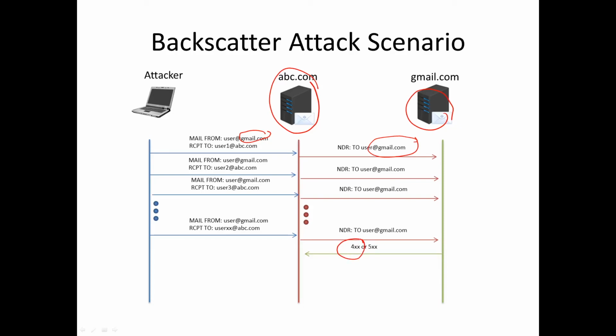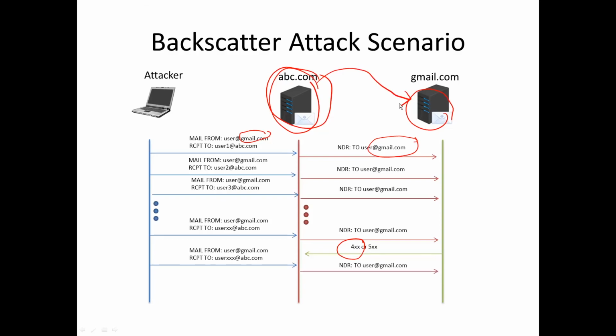In this case, the attacker has successfully denied some part of the service of abc.com, and that is sending an email or message from abc.com to gmail.com. Okay? But of course, the attacker won't stop there. It will be sending another email from a different domain until abc.com has been blocked by multiple domains. In that case, abc.com will be denied on most of its services.